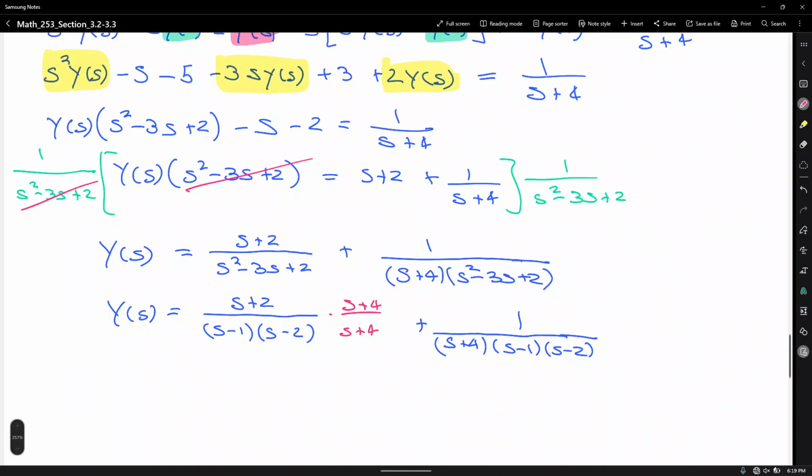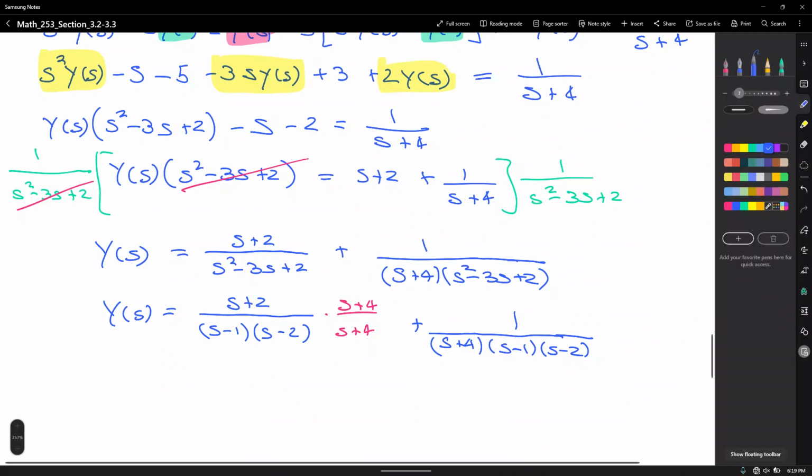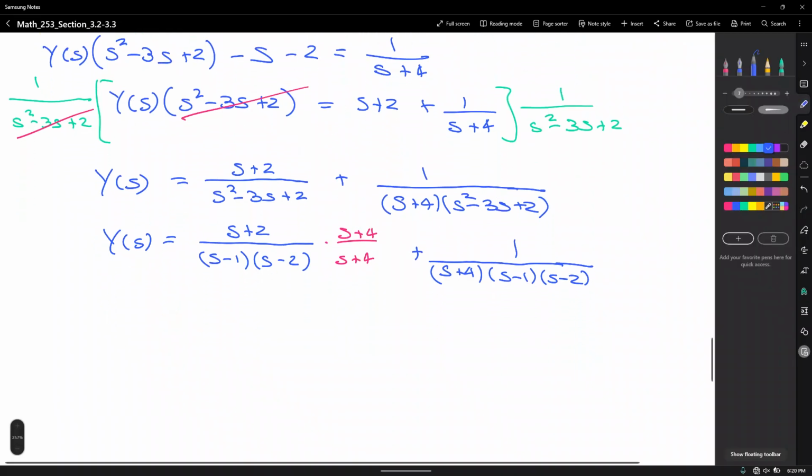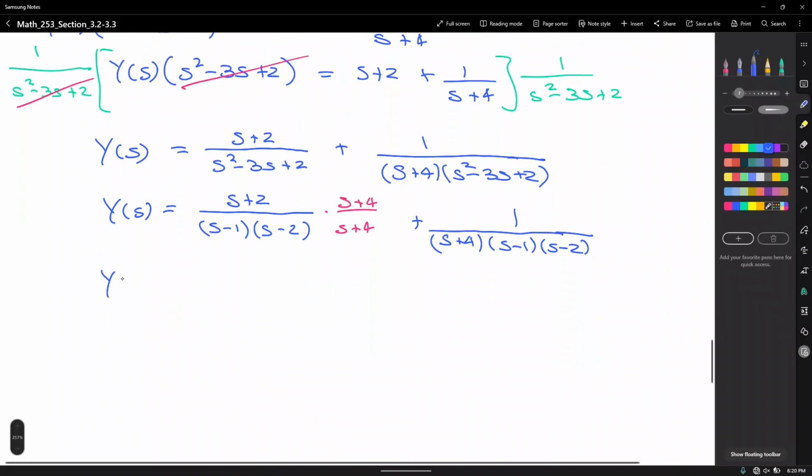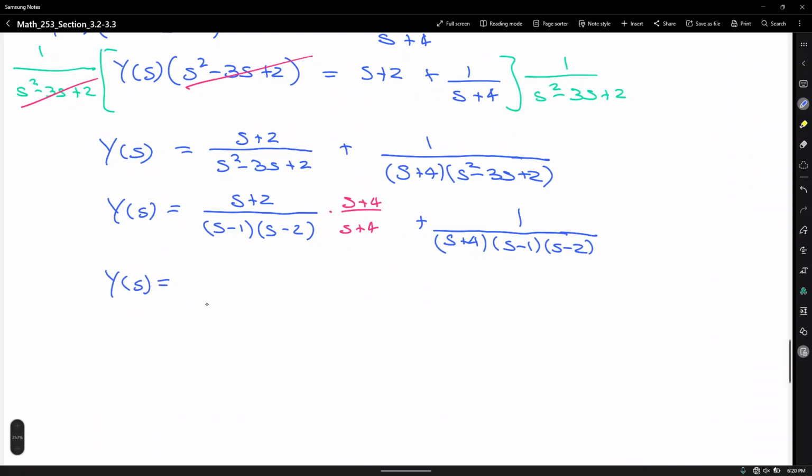So y of s equals s plus 2 times s plus 4 plus 1, everything divided by the new denominator, s plus 4, s minus 1, s minus 2.